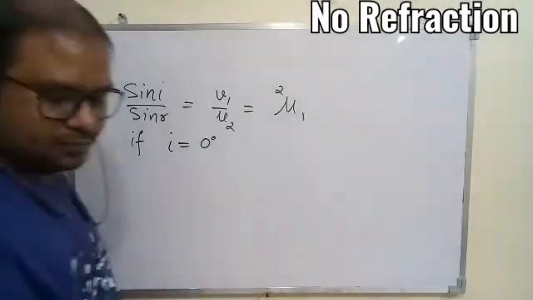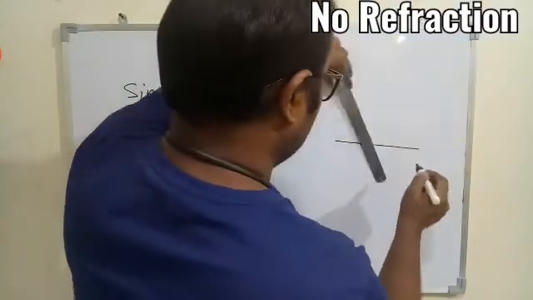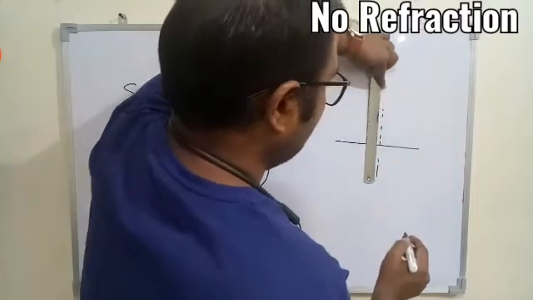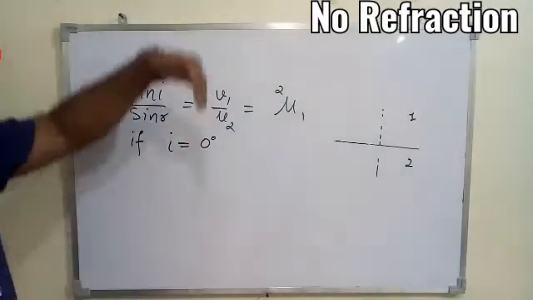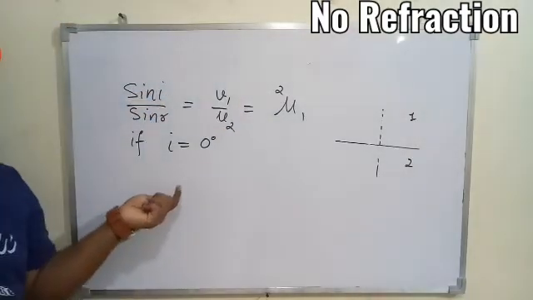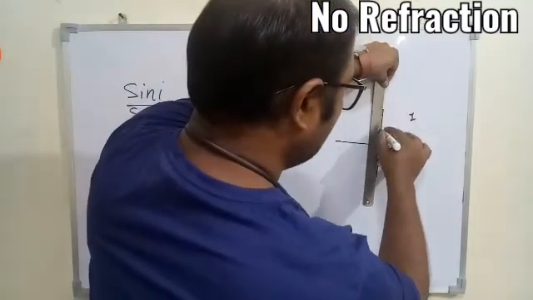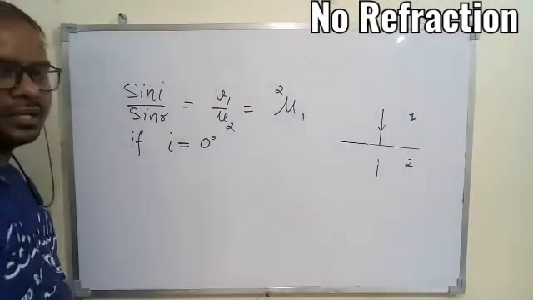If you draw the diagram again, this is medium 1, medium 2, and light is falling along the normal. How can the angle of incidence be 0? If the ray of light falls along the normal. So in this case i will be 0 degree.